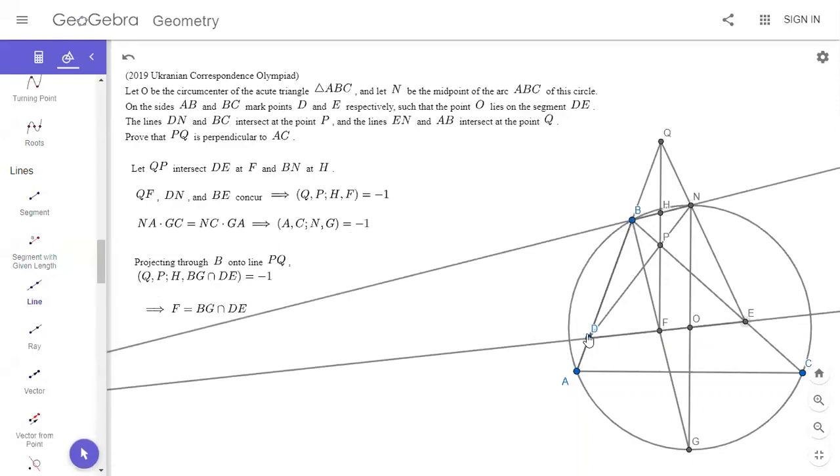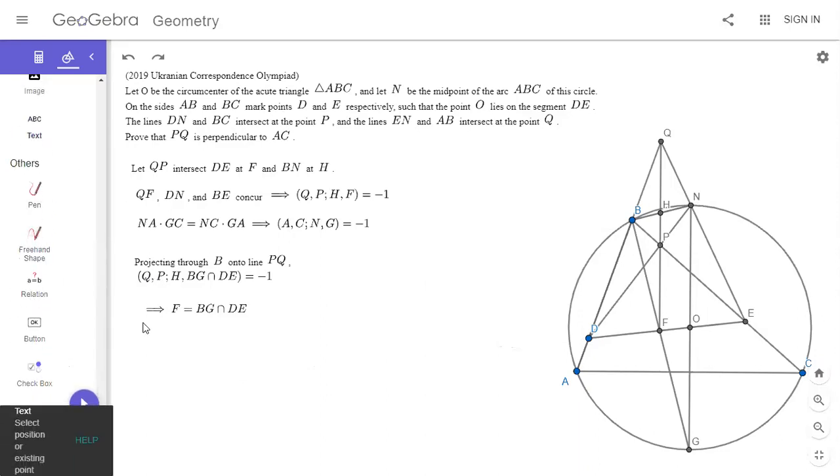No. But I think that proves it, because BN intersects DE at a point way out here.